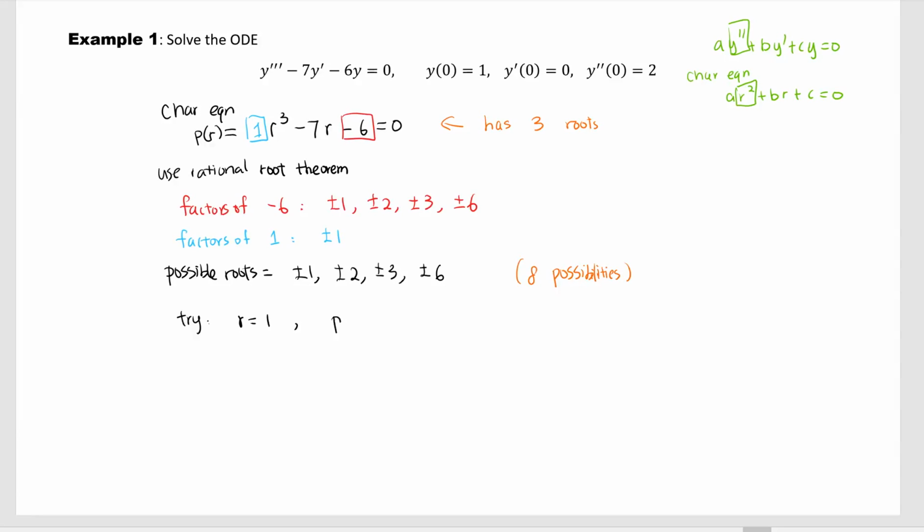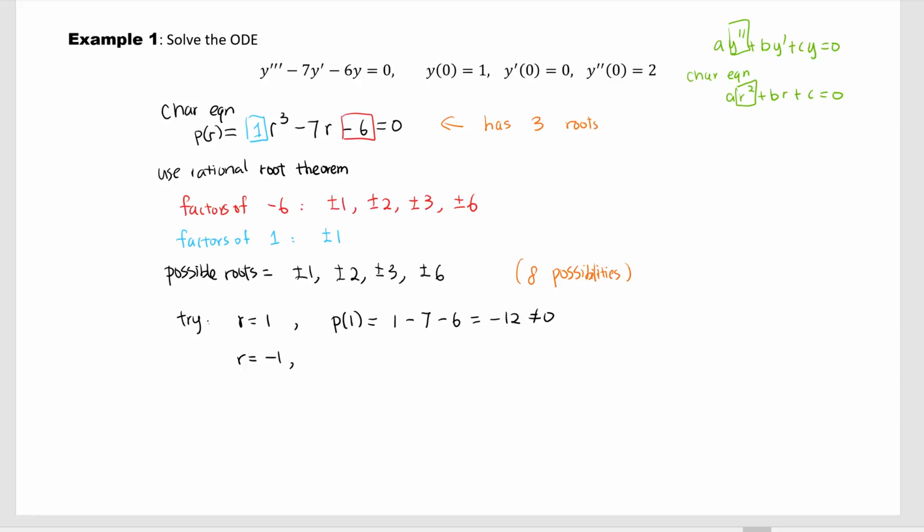So p of 1 is 1 minus 7 minus 6. Is that equal to 0? Well, that is negative 12, which is not 0. If you put the number into the polynomial and it's not 0, then it's not a root. So this one is not a root.